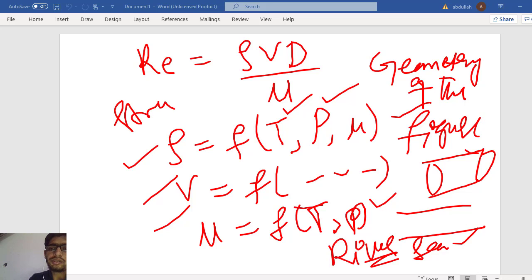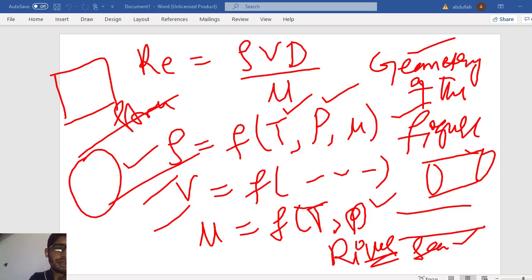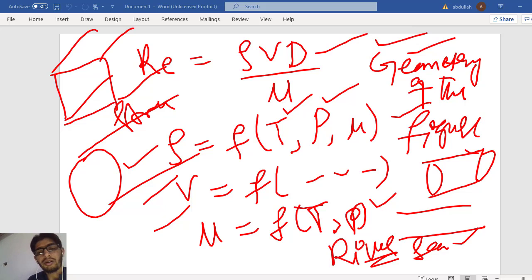So it depends on the geometry of the flow, whether it is circular or a rectangular duct.